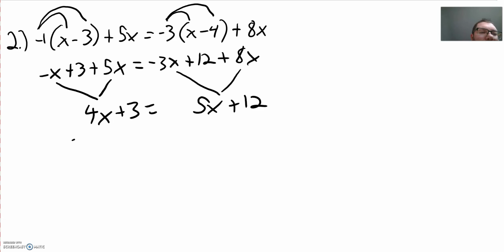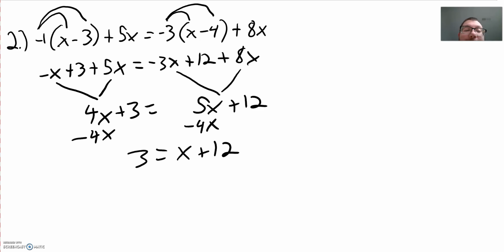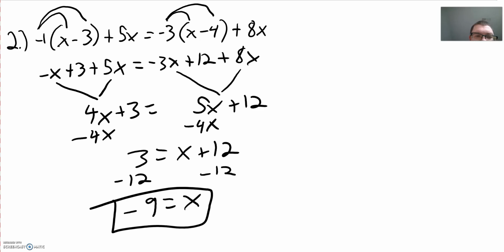It's a positive 4x, so I'm going to subtract 4x from each side, which gives me 3 is equal to x plus 12. Now it's just a one-step equation, and the last step would be to minus 12 from each side, and you would get x is equal to a negative 9 for your answer.